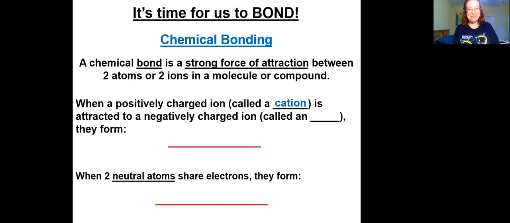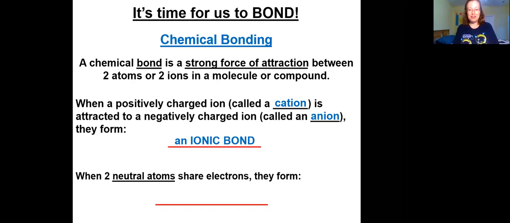It's a cation. When it's attracted to a negatively charged ion called an anion, they form what type of bond? Do you think it's going to be an ionic bond or a covalent bond? Well, heck, we're talking about ions, so it has to be an ionic bond.